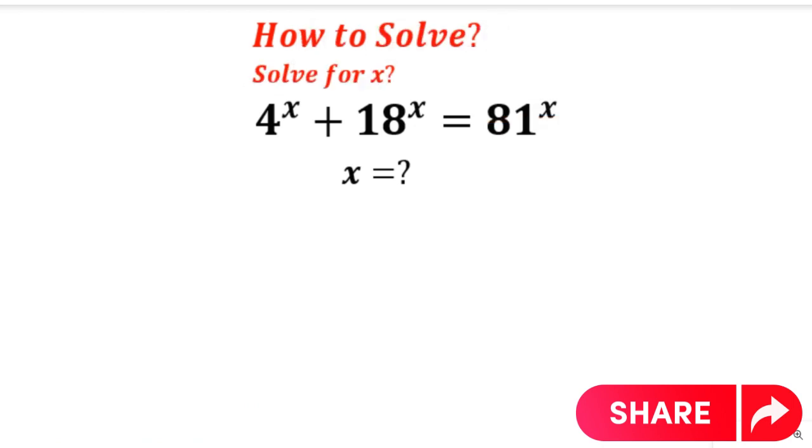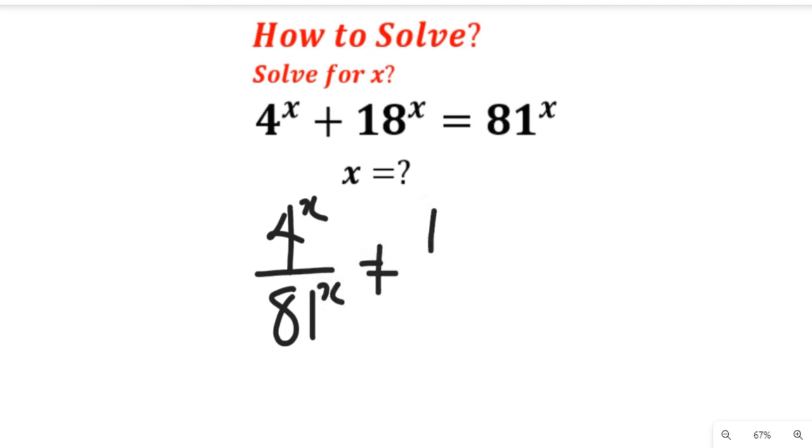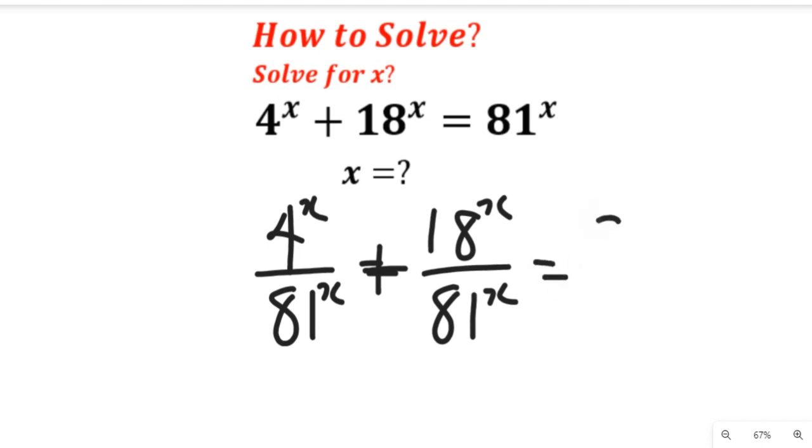So, to make the right-hand side equal to 1, we have to divide all through by 81 to the power of x. That will give us 4 to the power of x plus 18 to the power of x, all divided by 81 to the power of x, equal to 81 to the power of x divided by 81 to the power of x.